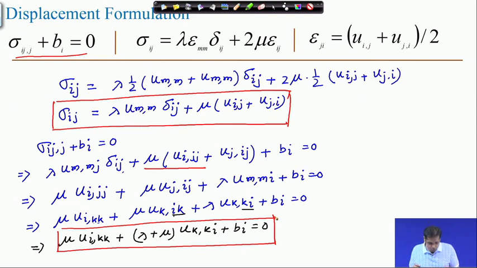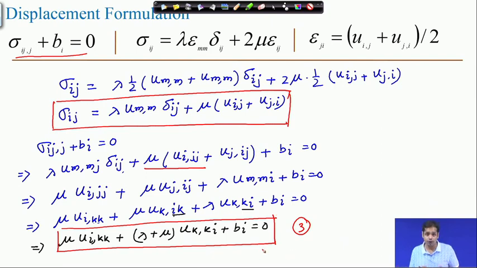Now, you see how many equations we essentially have. k is a dummy index, and i is free, so essentially we have 3 equations: one for i equal to x, the equation in the x direction, i equal to y, the equation in the y direction, and i equal to z, the equation in the z direction. This is very logical, because when you write the equation in terms of displacement, there are only 3 unknown displacements in 3 directions.